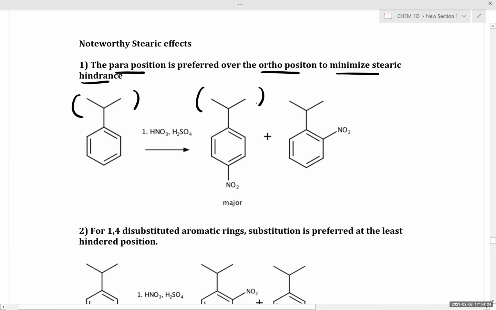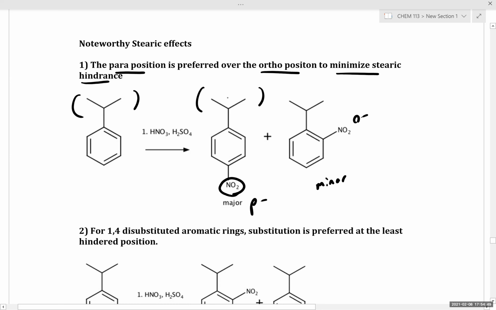And as a result, we prefer to install our new functional group as far away as possible from our bulky, sterically hindered isopropyl group. That's why our para product is major and the ortho product is minor.